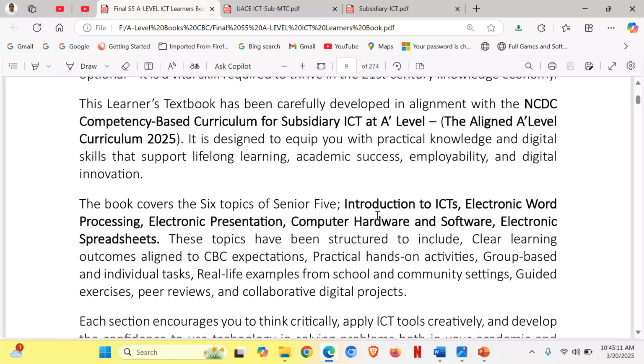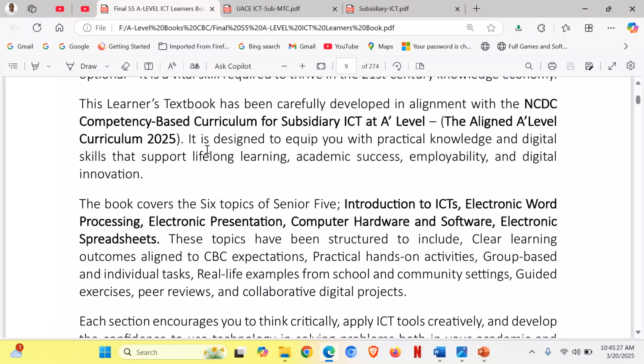This learner's textbook has been carefully developed in alignment with the NCDC competence-based curriculum for subsidiary ICT at A-level, the Aligned A-level curriculum 2025.